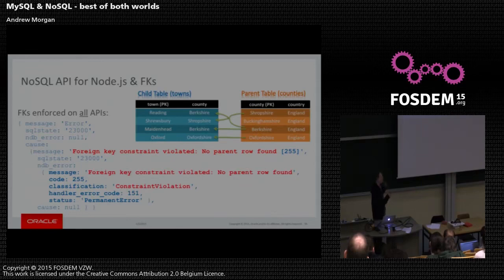So even though we're using JavaScript in Node.js and there's no SQL involved, we will still enforce the foreign key, because the foreign keys are implemented down in the data nodes and not up in the MySQL server. And so you can have the APIs that you want. You don't have to convert things into relational tables from the application's perspective, but you still have the power and the security of having the full relational database behind the scenes.